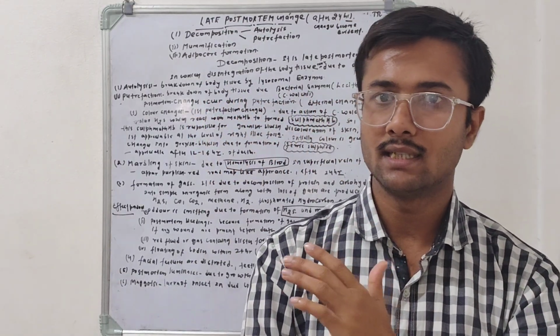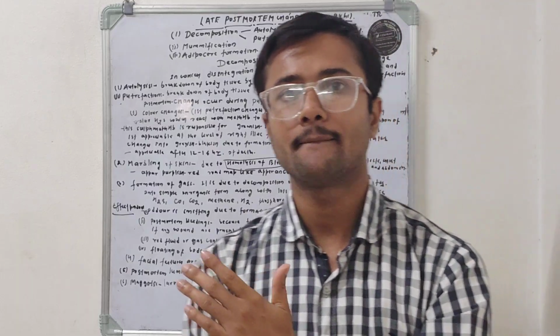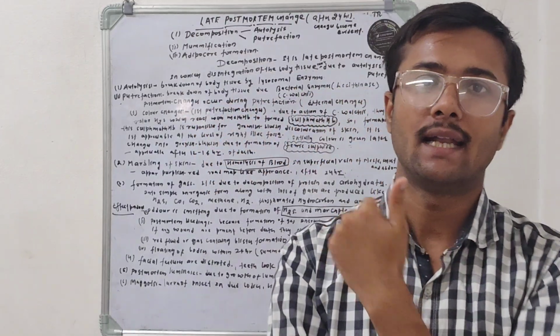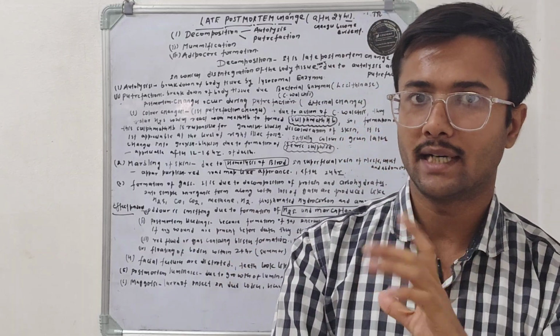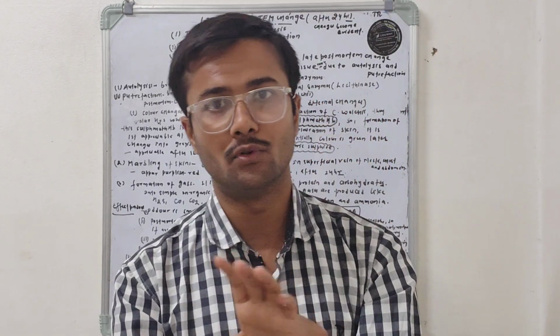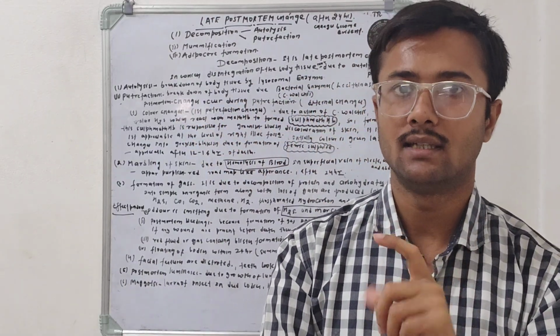Okay, then what is putrefaction? When the same thing occurs with the help of bacterial enzymes, we call it putrefaction. After death, the gut bacteria invade the different body tissues and release enzymes such as lecithinase.